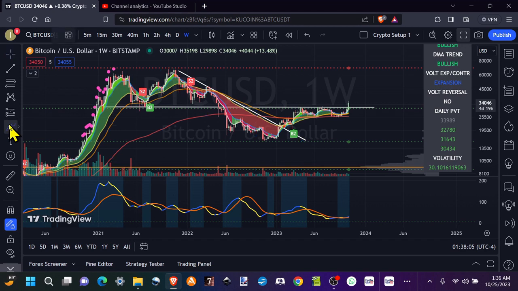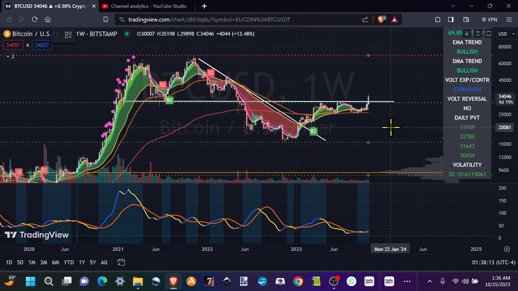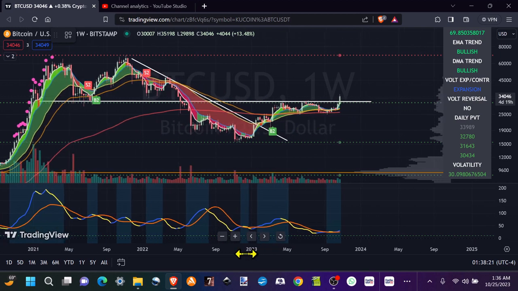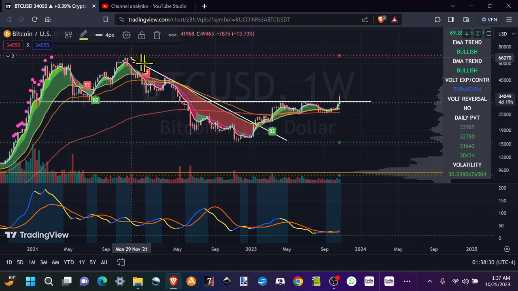Now take a look at where we are now. Look at the three signals in this cycle. This is the bear market of 2021, 2022, and now where we are in 2023. Look at where we are. We have a break of the descending diagonal resistance, this line here.